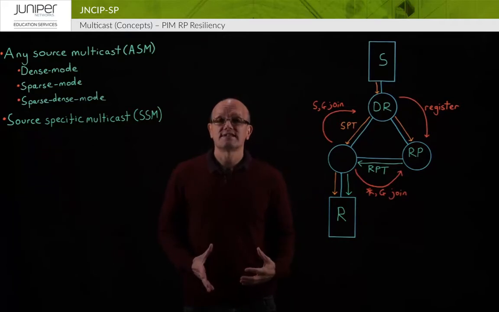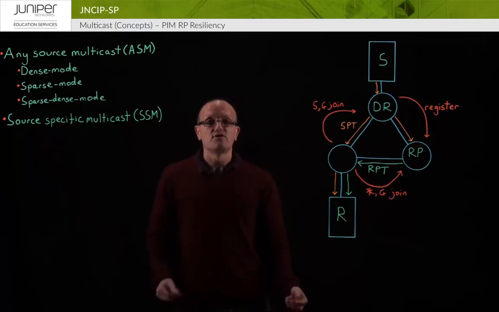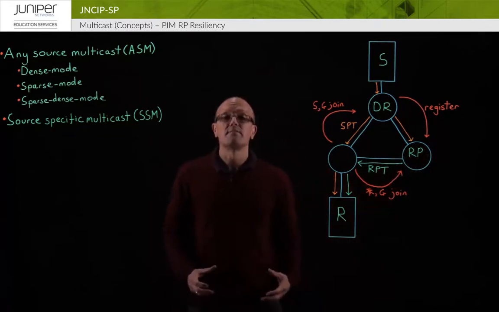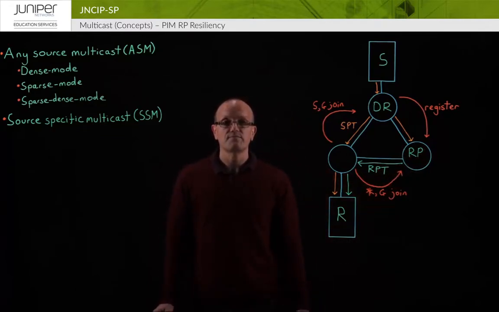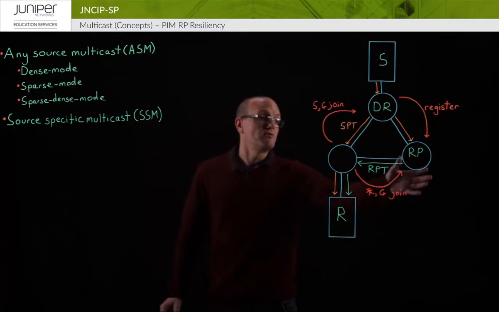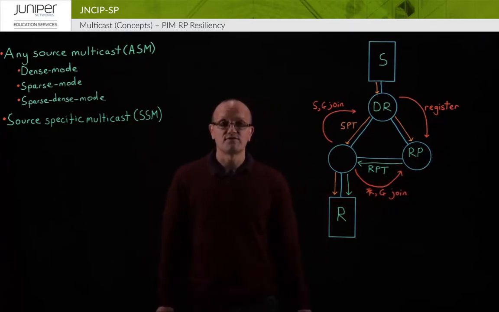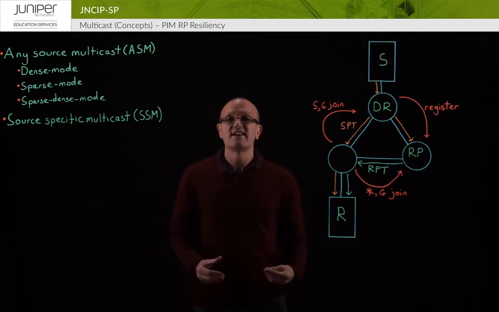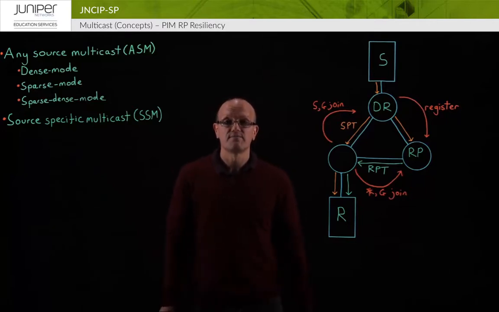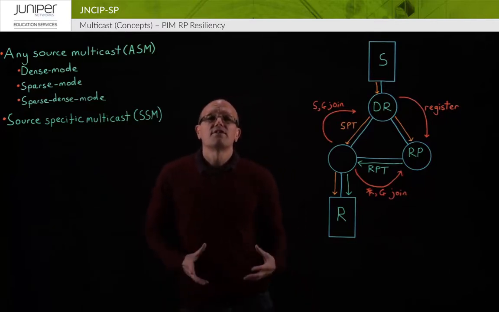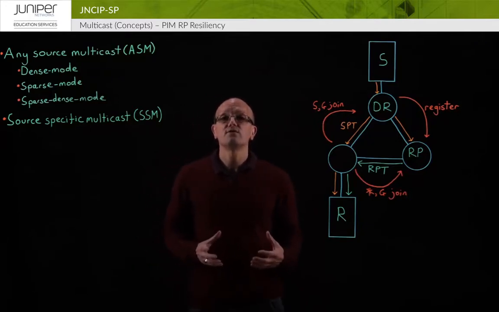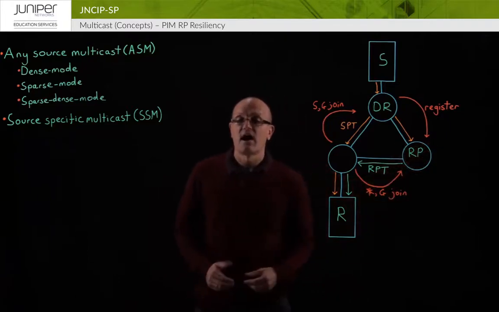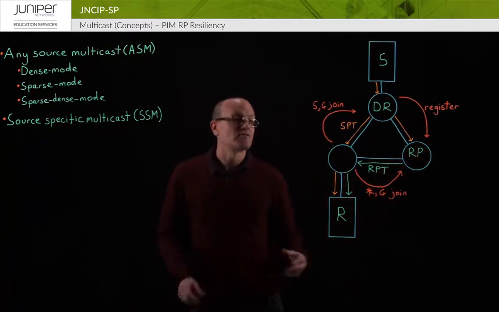And there are a number of different techniques that we can use to facilitate the use of multiple rendezvous points within a PIM sparse mode network. The first is that we can use bootstrap routers. The second is that we can use a technique called auto-RP. And the third, perhaps the most widely used option, is to use a technique called Anycast RP, Anycast rendezvous point.